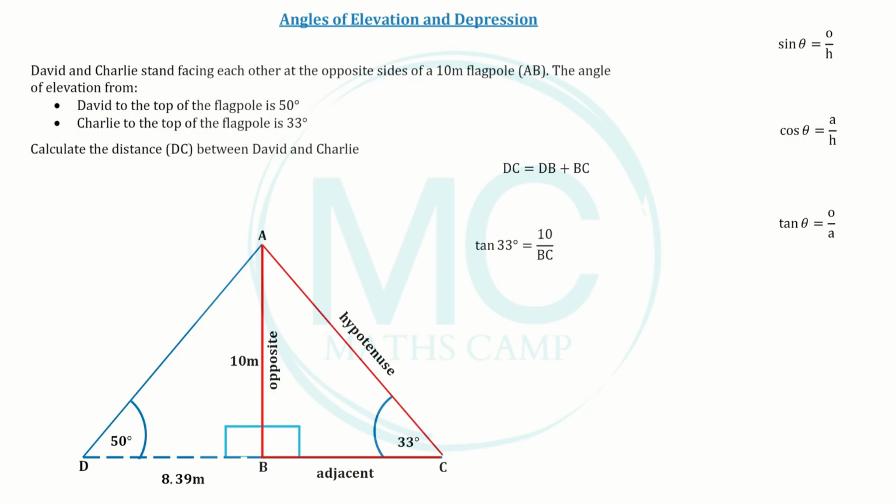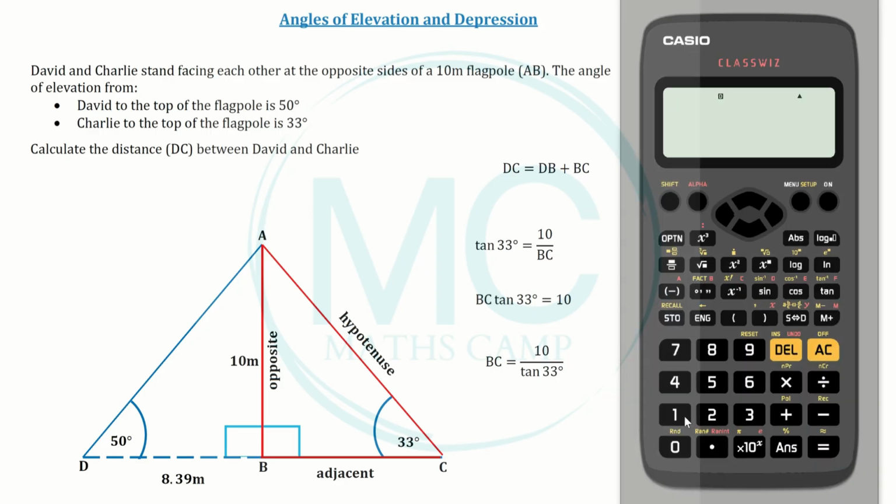Now let's move BC out of the denominator of the fraction, and we get BC multiplied by tan 33 degrees is equal to 10. To get BC by itself, let's divide both sides by tan 33 degrees, and we get BC is equal to 10 divided by tan 33 degrees.